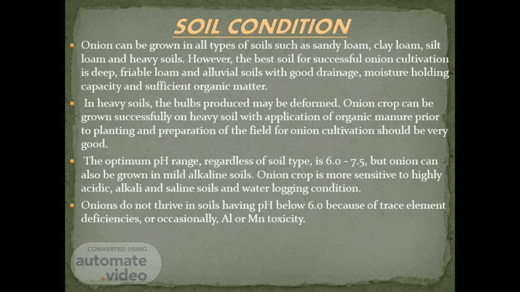Onion crop is more sensitive to highly acidic, alkali and saline soils and waterlogging conditions. Onions do not thrive in soils having pH below 6 because of trace element deficiencies or occasionally aluminium or manganese toxicity.